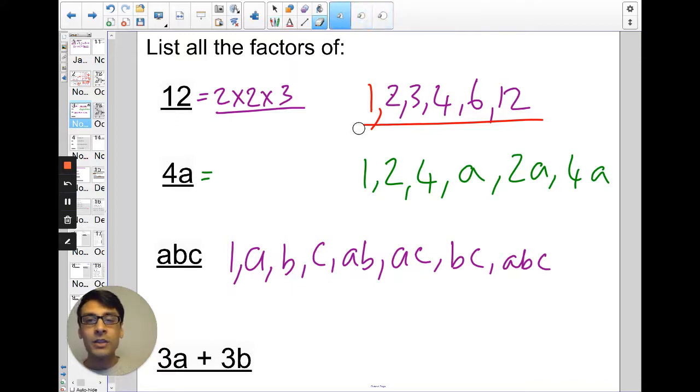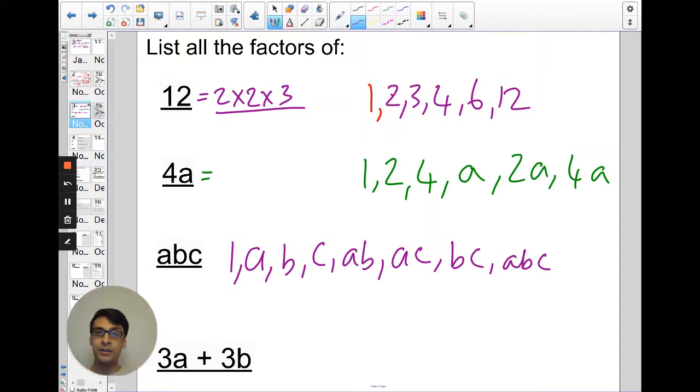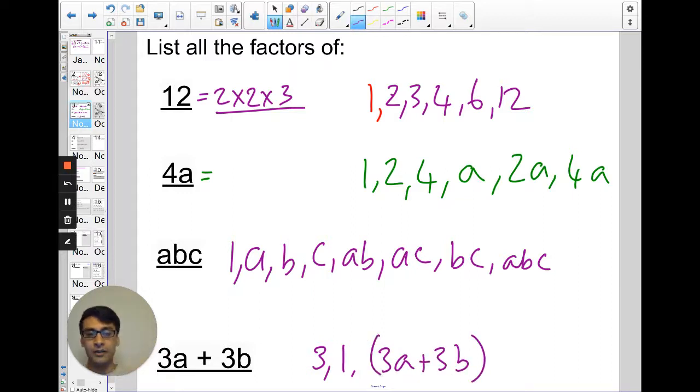Now, last question here. A nice little challenge question, 3A plus 3B. What you should have gotten here, if you still haven't done it, pause it, have a go, is I know that 3 goes into both. I know that 1 goes into both. I also know that 3A plus 3B itself, as one expression, goes into that as well.